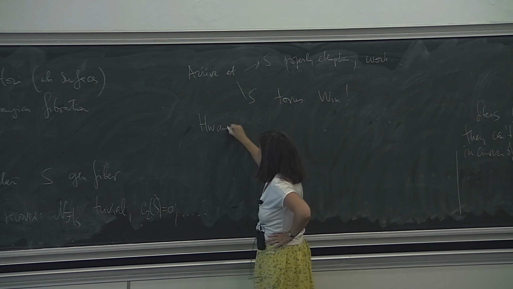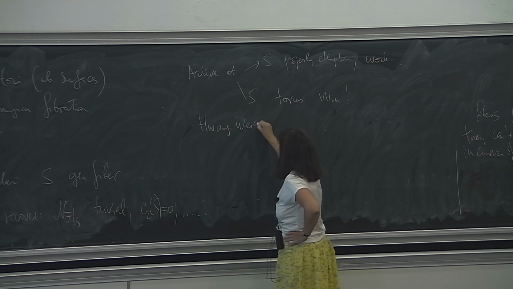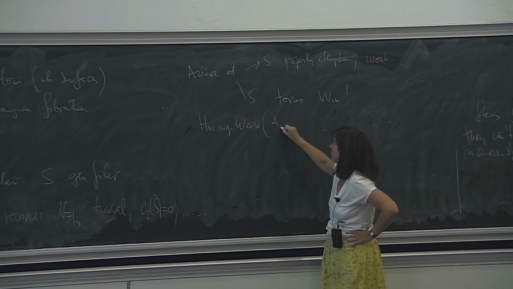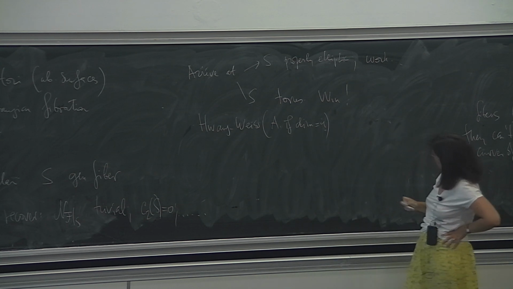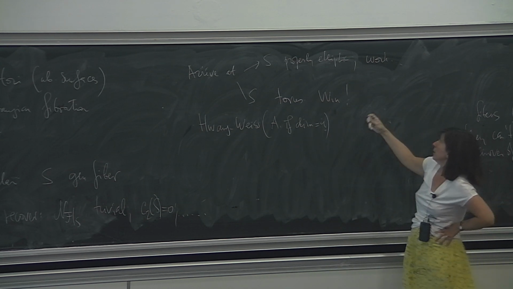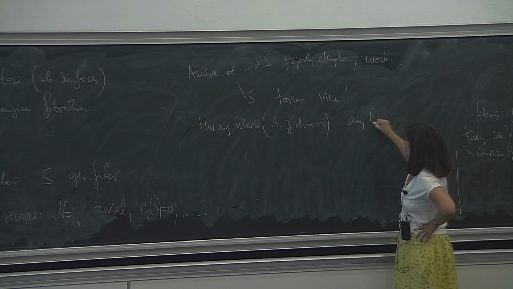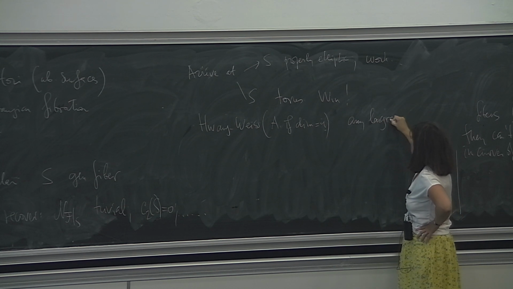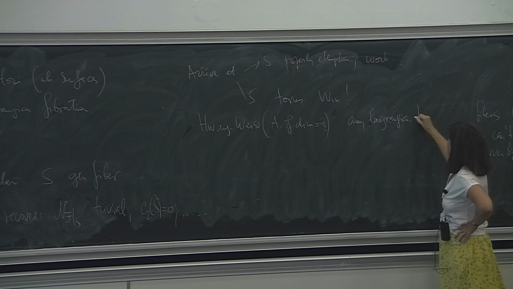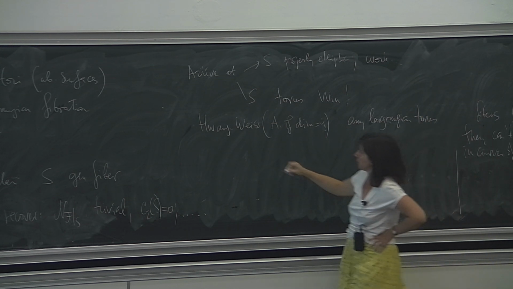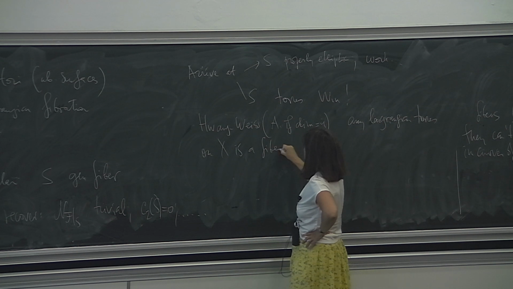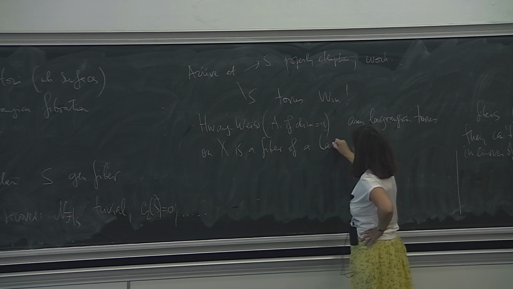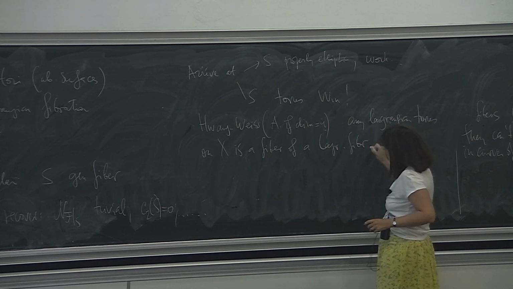But in general, it's due to Huang and Weiss. Any Lagrangian torus on X is a fiber of a Lagrangian fibration.